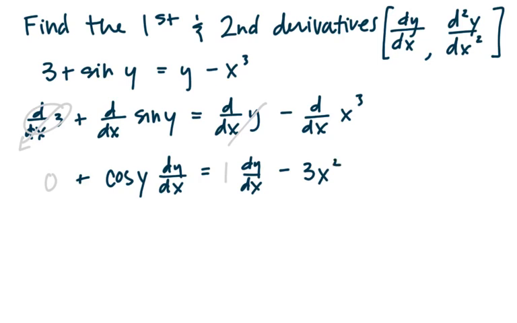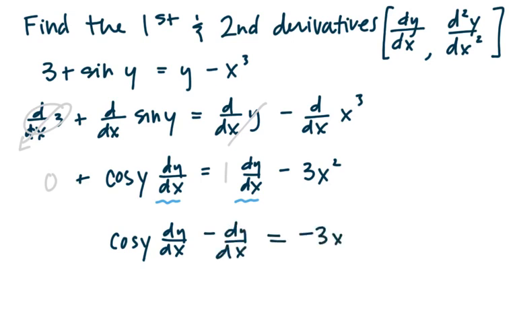So at this point, we're done taking the derivative, but we want to go through and isolate this dy dx. I'm going to move some terms around, and I end up here with cosine y dy dx minus dy dx equals negative 3x squared.